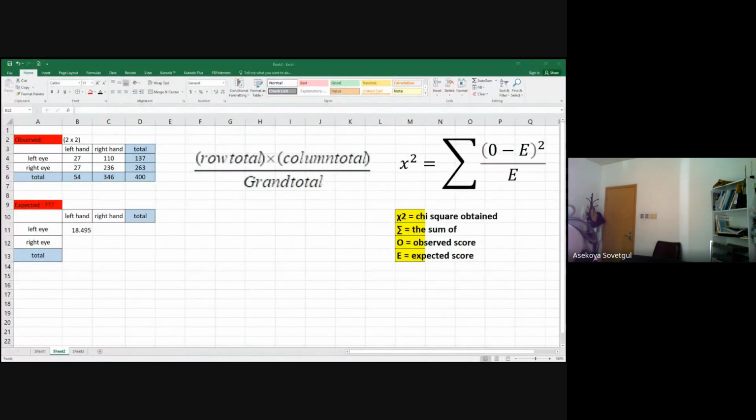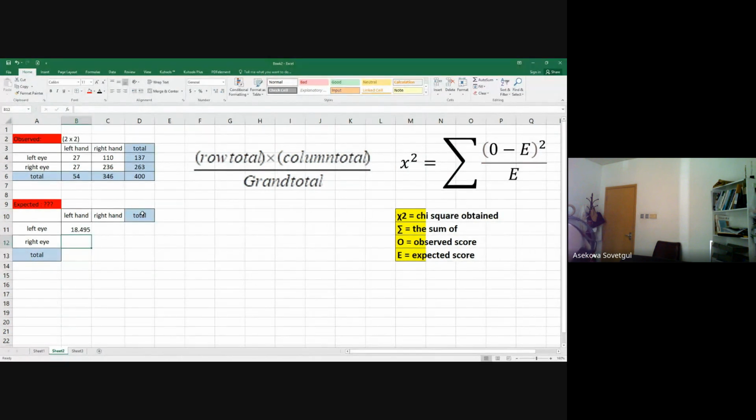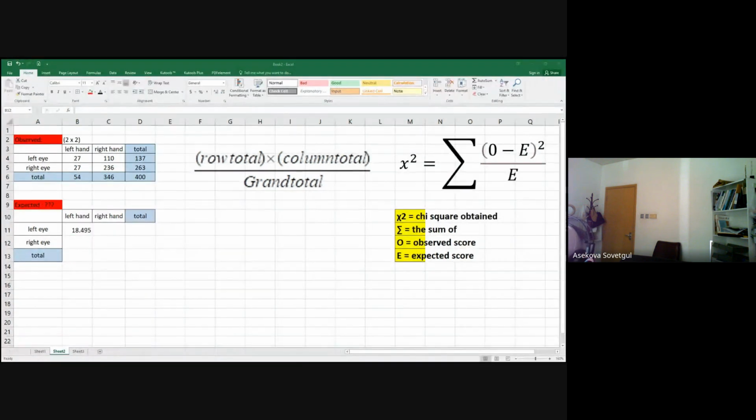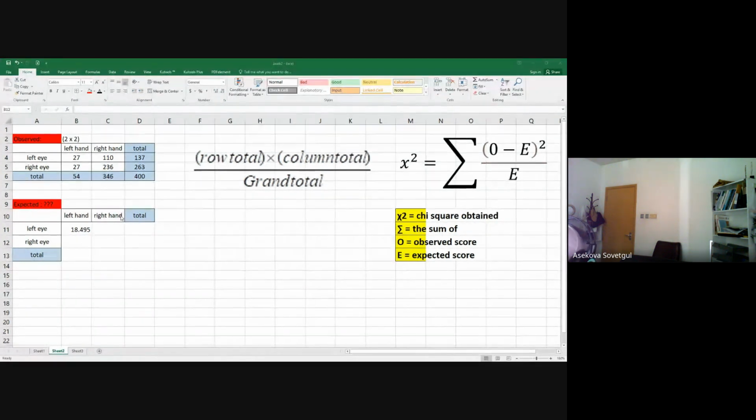Similarly, let's calculate for the second category, which is the right eye and left hander. Very easy.